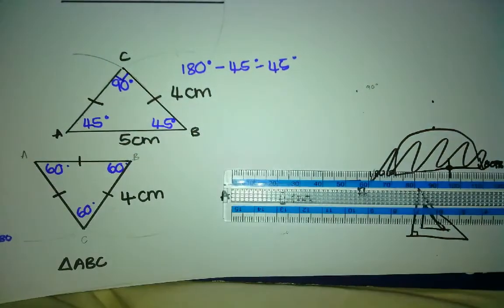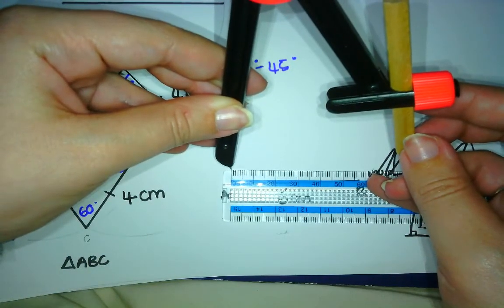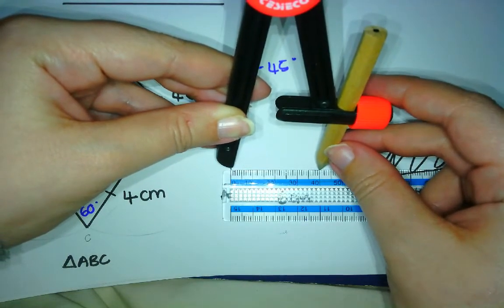Alright, so now we've got 6, so let's make it 4 again. We're going to make it 4 centimeters, so put it on naught and make it 4 centimeters long.